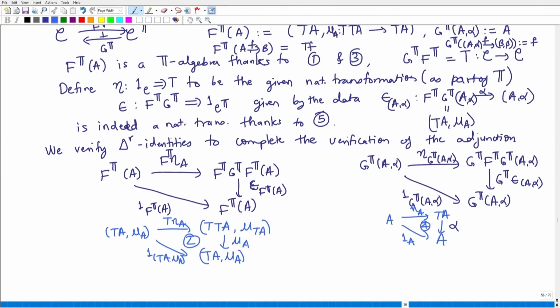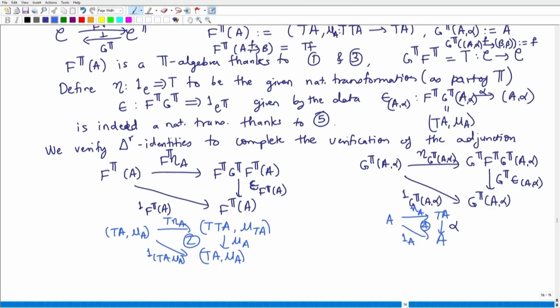This is 2 and the other one is 4, and therefore everything works. So triangular identity verification tells us that this is actually an adjunction. If you are still confused, you have to think, how did diagram 2 come into the picture? Because diagram 2 is precisely TA.